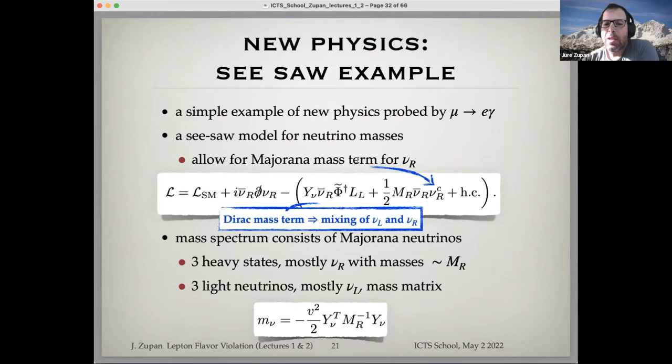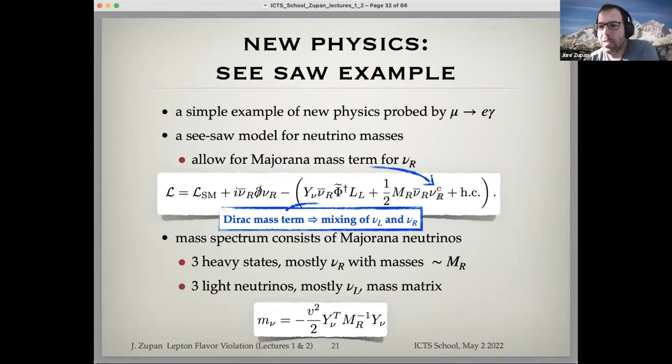So you see, the way you talk to the right-handed sectors, you will always pay an insertion of y_nu. Your left-handed guy is the thing that couples to the gauge boson, so that's how you create the left-handed neutrino. And then you need to talk to the right-handed sectors. You always pay an insertion of y_nu to create a right-handed guy. It's always there.